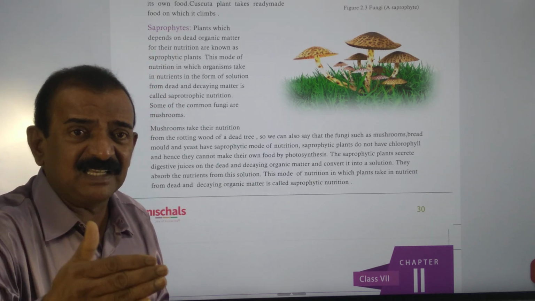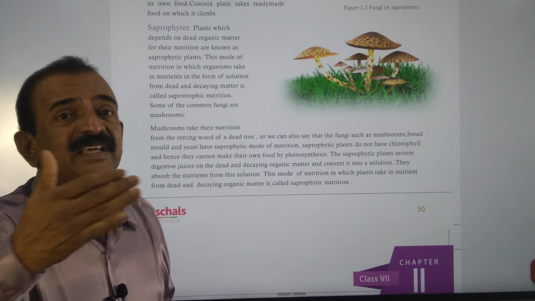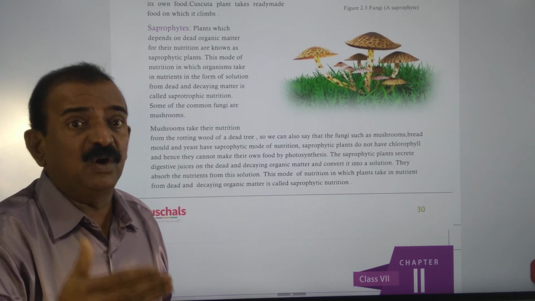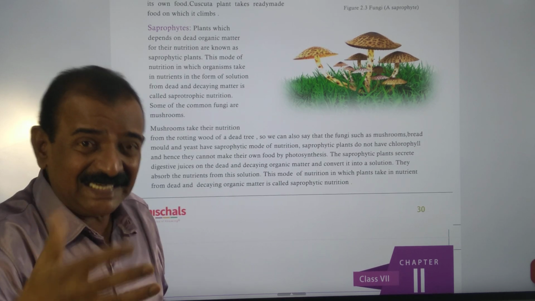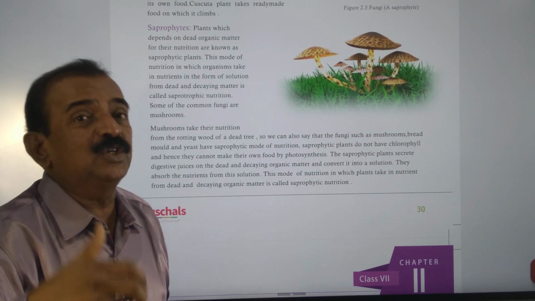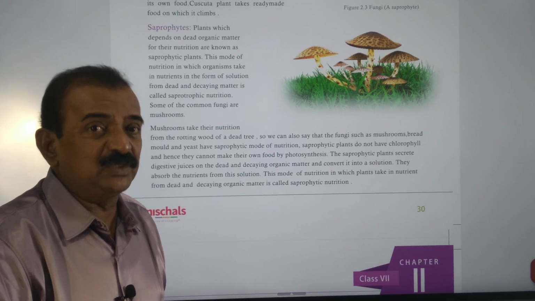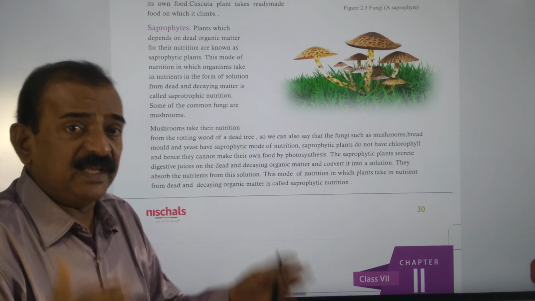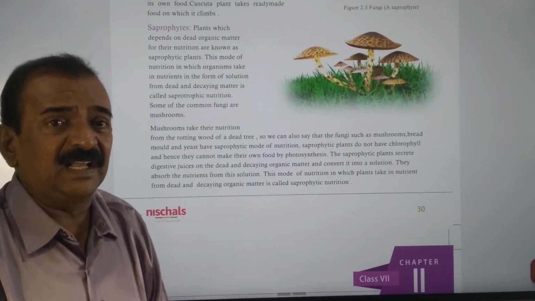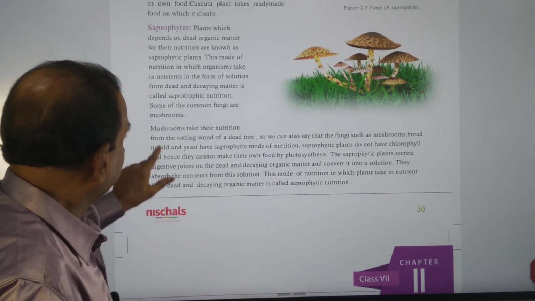These plants secrete substances outside through the body surface, the organic matter outside their body is digested and made into a solution, and that solution is absorbed again through the body surface, and they survive.